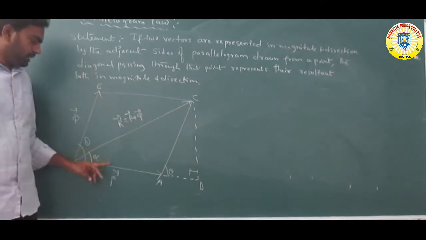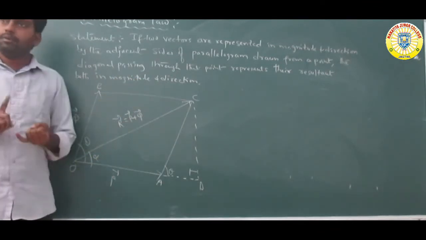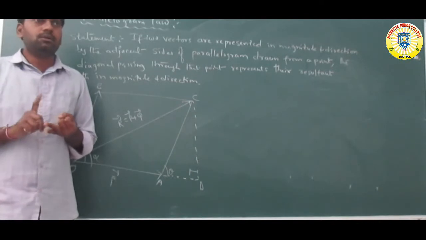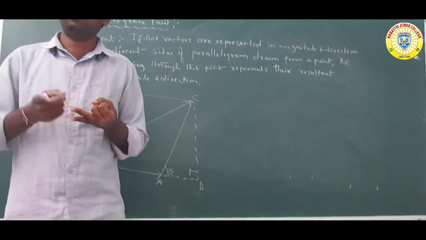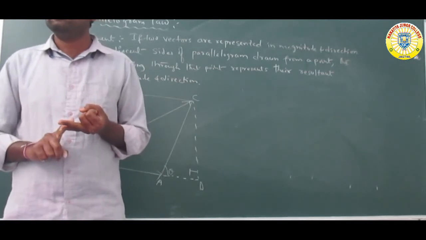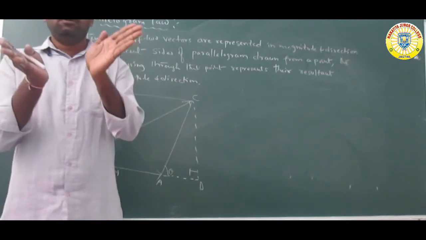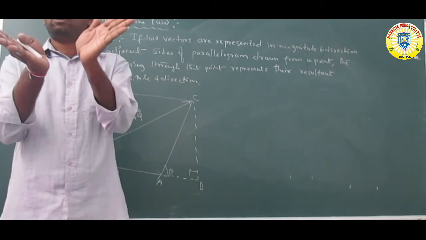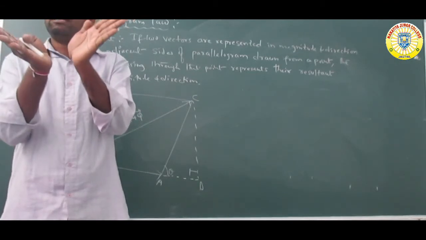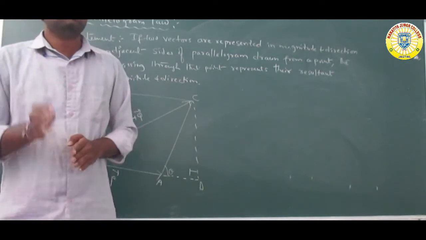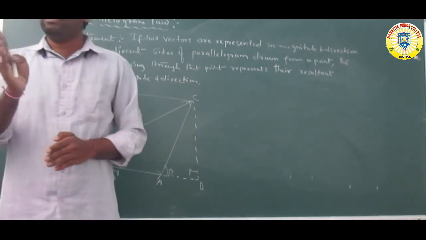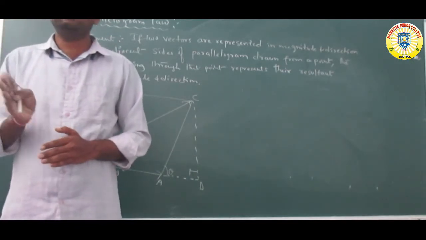So now, given the two vectors P vector and Q vector, represented in magnitude and direction by the adjacent sides of the parallelogram drawn from point O. Got it? That means we take two vectors, and those two vectors lie next to each other as adjacent sides of the parallelogram. They give the direction and the magnitude.